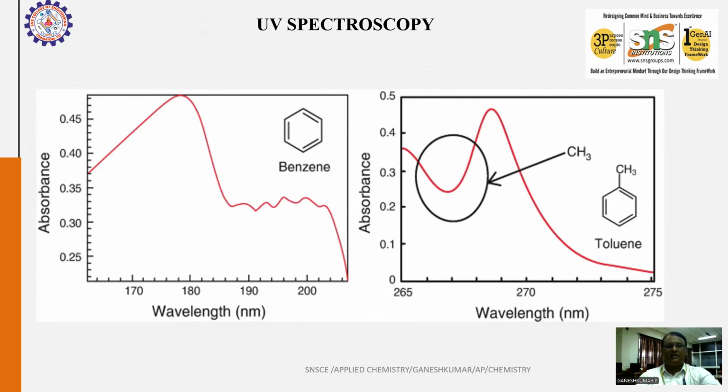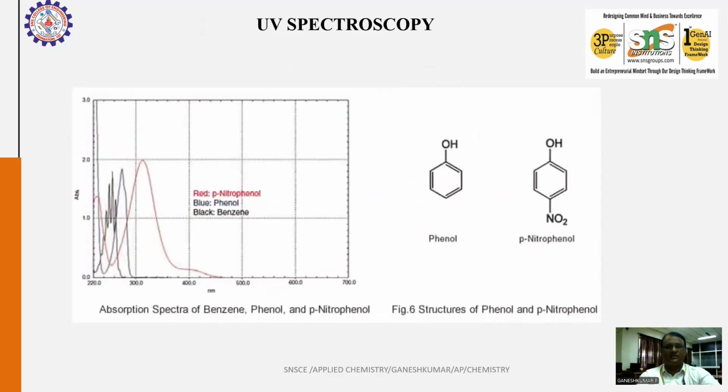This shows the typical difference between benzene and toluene, which we observe through ultraviolet spectroscopy. We also show here phenol and para-nitrophenol. Just as humans have fingerprints, every compound has fingerprint-like graphs or structures, and through that we can analyze the materials.